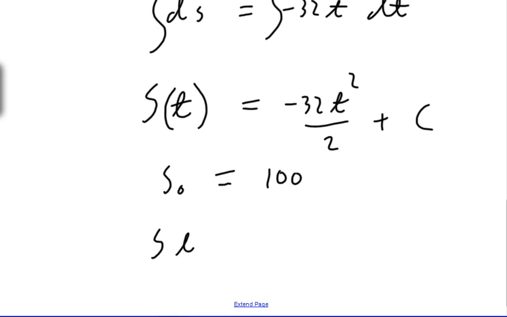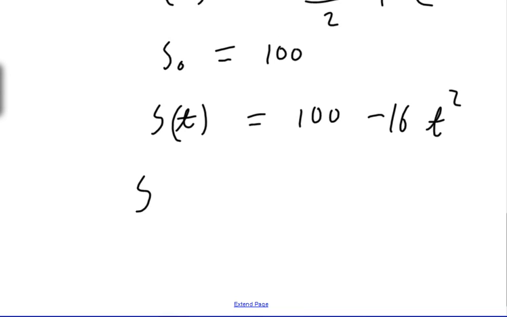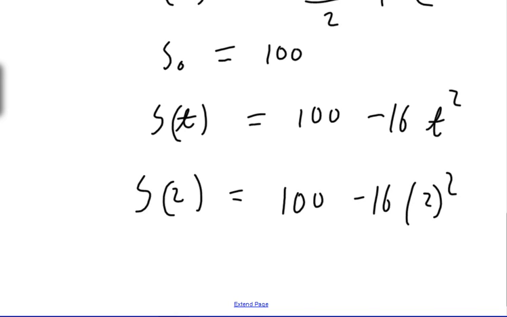So my position function is 100 minus 16 t squared. What is my position after 2 seconds? My position after 2 seconds is 100 minus 16 times 2 squared, also known as 64. So this would be 36 feet. Would it not be? Yes.